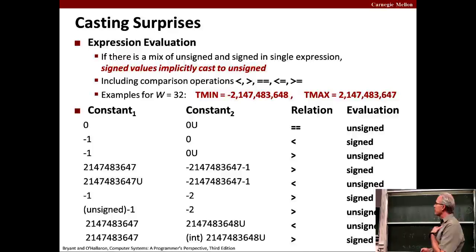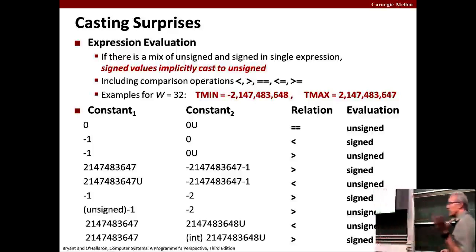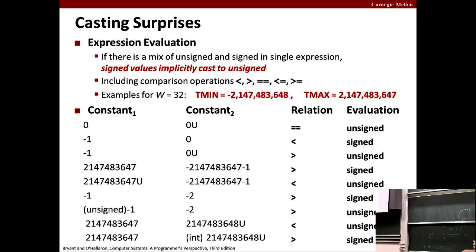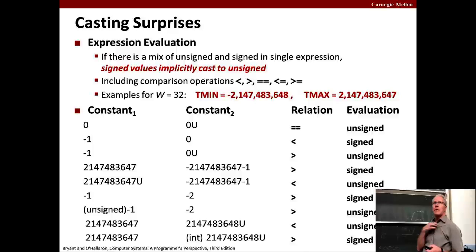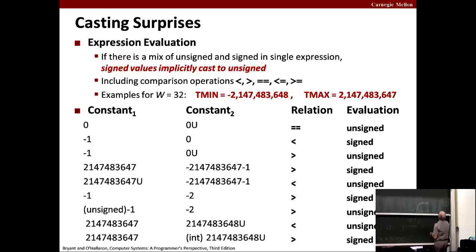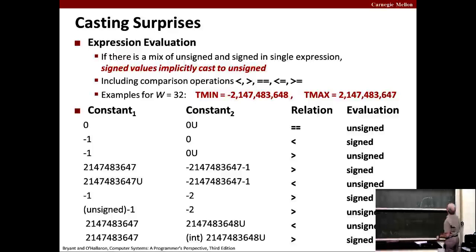And if we compare -1 to 0, we'll get that the first one is less, because -1 is less than 0. But what would happen with the next one when we compare -1 to an unsigned 0? Greater. Right. So this is the surprise. And it has to do with a number that I erased. But we can still get it.